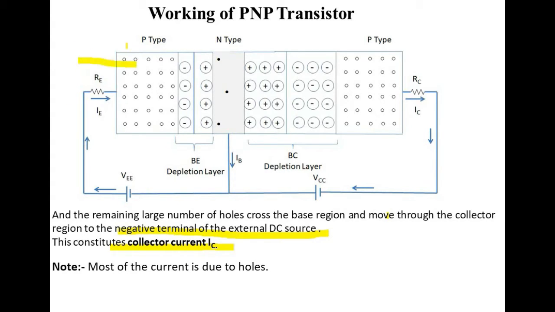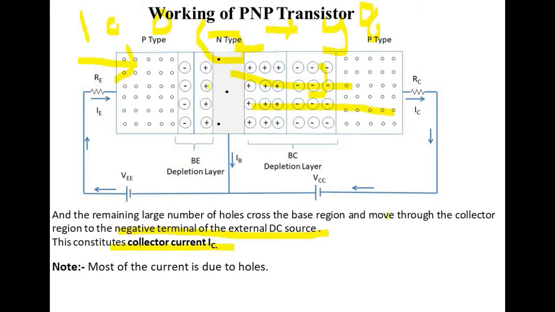In the earlier example, we took 100 holes, and 2 holes were recombined in the base region. So 98 holes will reach the collector terminal, passing through the base.